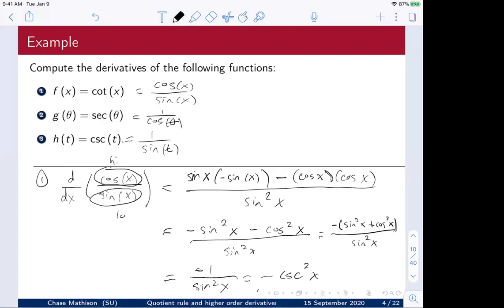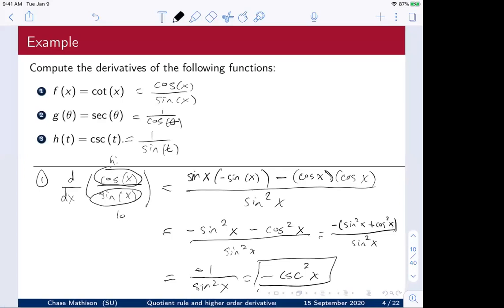So 1 over sine squared x, well, that's 1 over sine of x times 1 over sine of x, which is just cosecant squared x. Okay, so I mentioned before that when you're taking the derivative of any trig function that starts with the letter C, you're going to have a negative out in front, and that holds here. The derivative of the cotangent of x with respect to x is negative cosecant squared x.